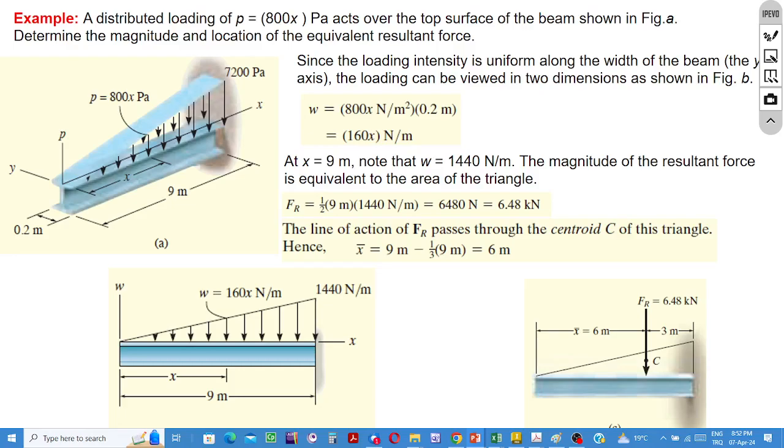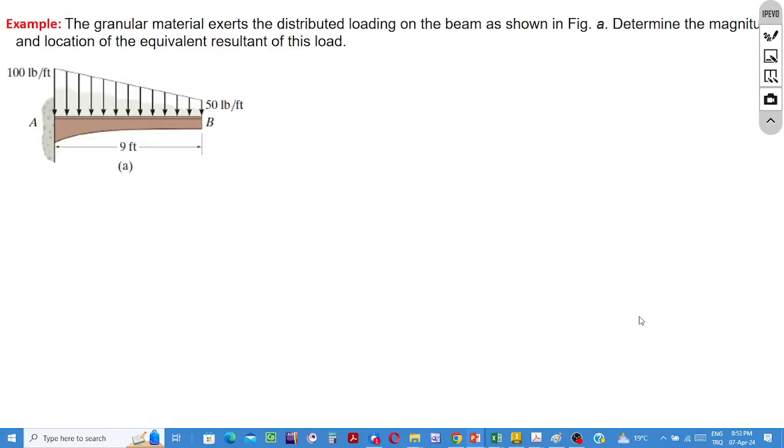In rigid body mechanics, we assume the material is rigid and neglect the effect of the deformations. So if the body can be assumed as a rigid body, then we can replace such a complex force system with a single resultant force at such a special location.